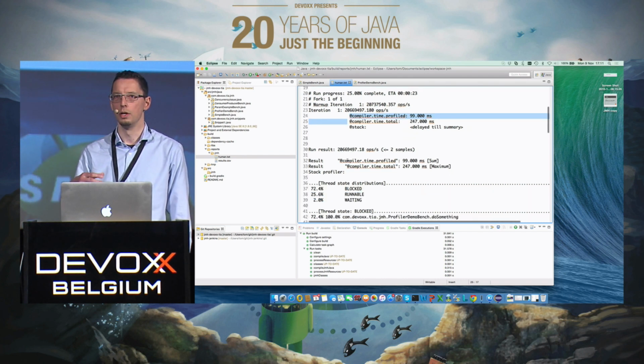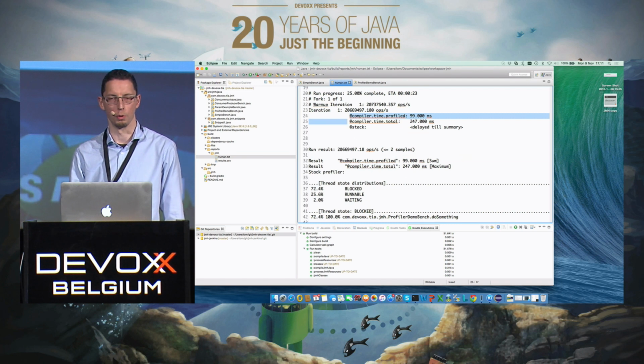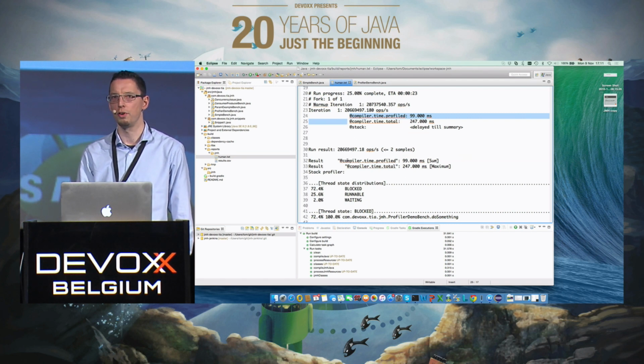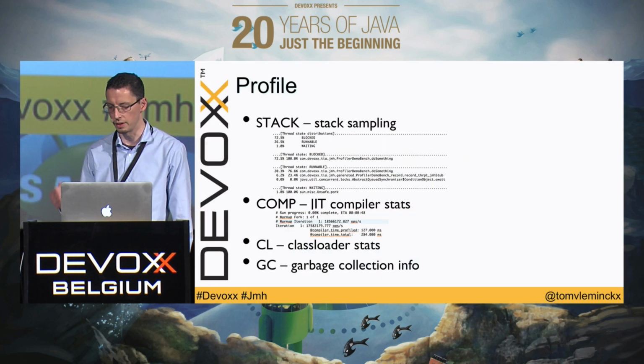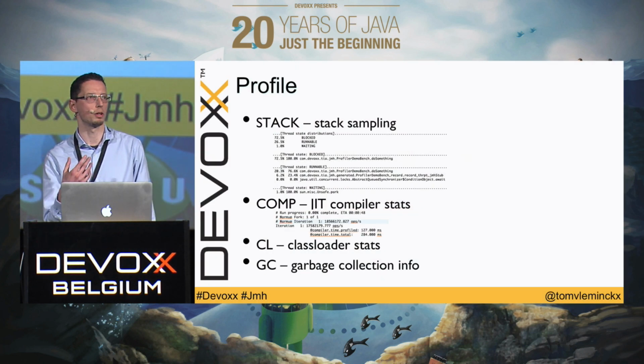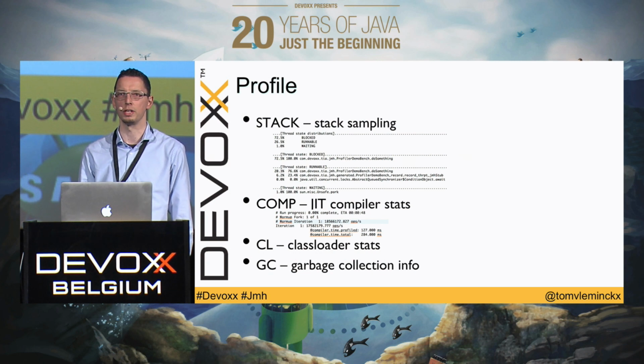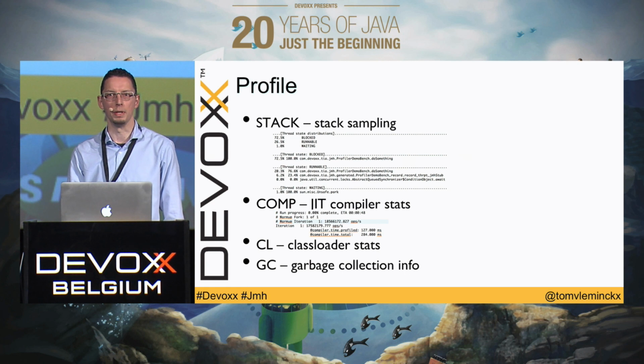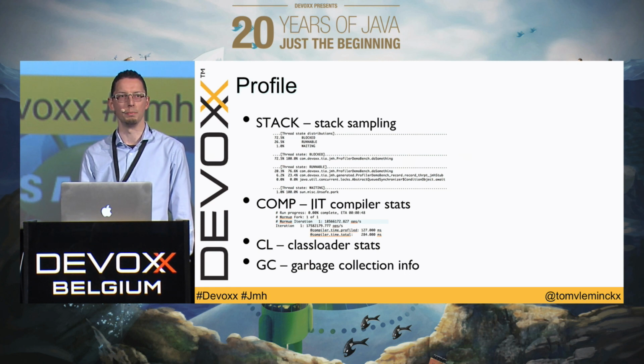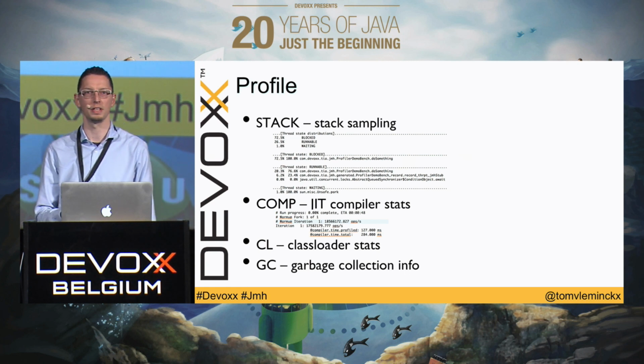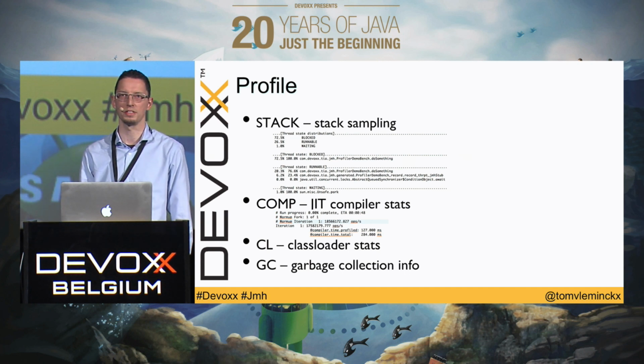So these are two examples of what you can do with the profilers. Now, there are other profilers that can be hooked up. For example, you can look at the GC. You can look at class loader stats. So if you're doing some funky stuff with Class.forName and maybe doing your own class loaders, it might be a good idea to look at how many classes you're loading and how many classes get garbage collected.